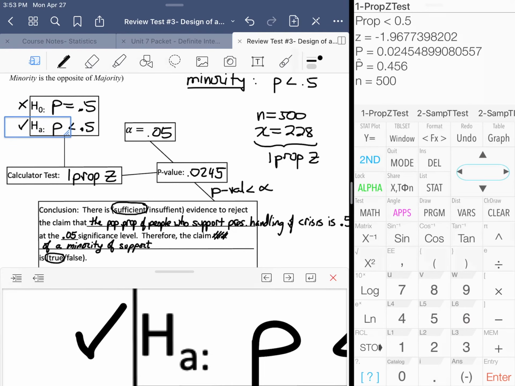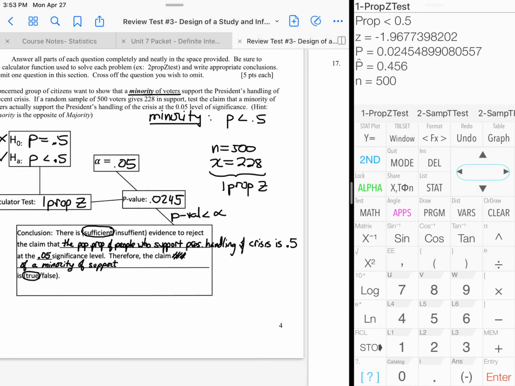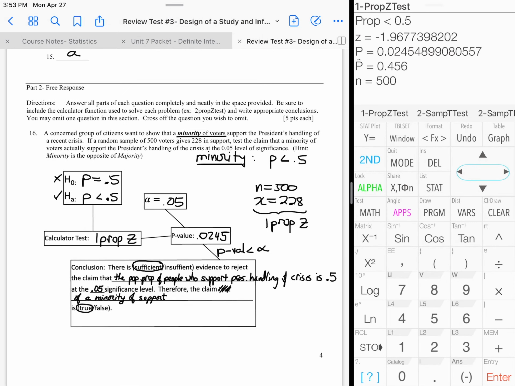All right, and that's because there was enough evidence to reject the null, which means the alternative is the one that we're calling true. And since the first sentence in our conclusion addresses the null, it should be the verbal representation of p equals 0.5, whereas the second sentence should be the verbal representation of p less than 0.5 being equal to true.